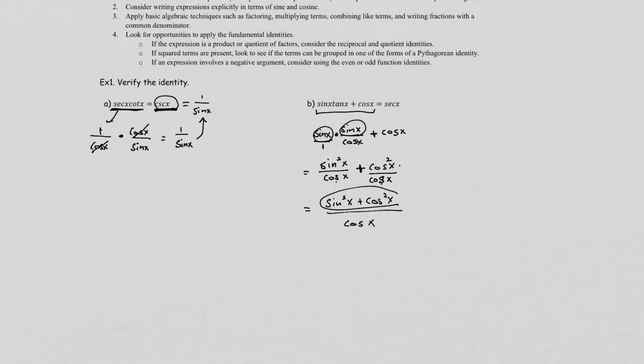And this is your identity, the Pythagorean identity, which gives you 1. So it's 1 over cosine x, which is the same as secant x, right? So I can prove this side equals the other side.